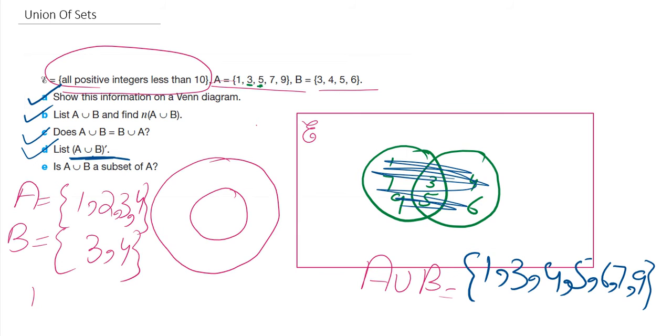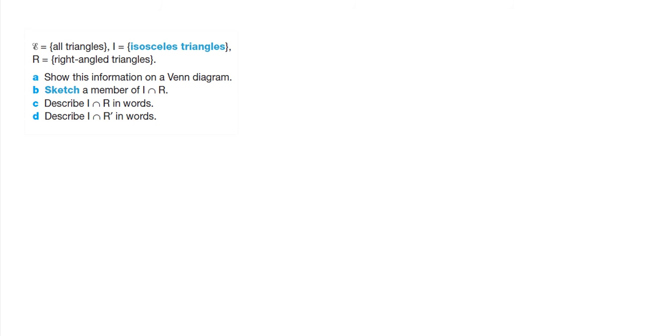So we can simply say that B is a subset of A, like this 3, 4, 1, 2. So the B set contains all the elements that are present in A. So we can simply say that B is a subset. All right. Let's check out another example.